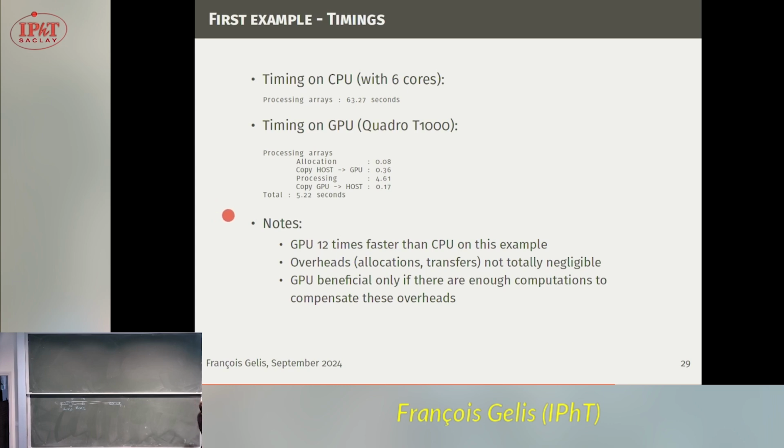One thing you see here is that there are some overheads for the allocation on the GPU, for the copy from host to GPU, or the copy from GPU to host at the end. They add up to a bit more than half a second out of the total. So these overheads are not the computation itself, but they are there. You cannot avoid them.